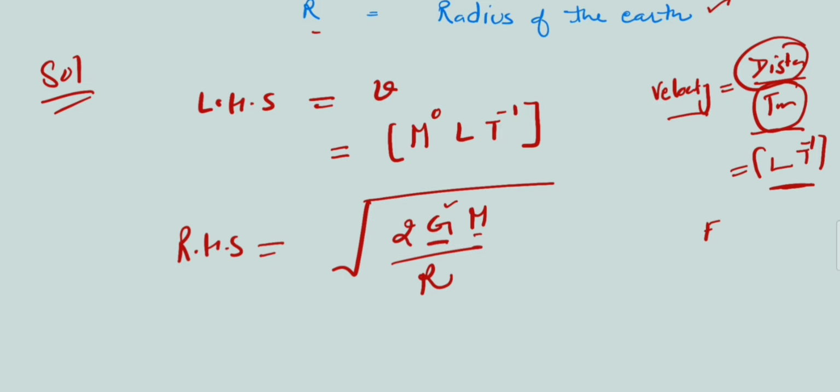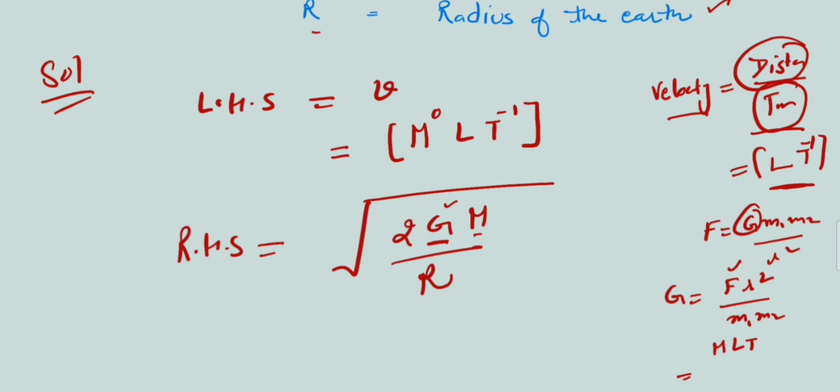We know the gravitational force F is equal to G m1 m2 divided by r square. So from here we know G is equal to F r square divided by m1 m2. So F, the dimensional formula for force, is M L T^-2, for r square it is L square, and for m1 m2 it is M square.